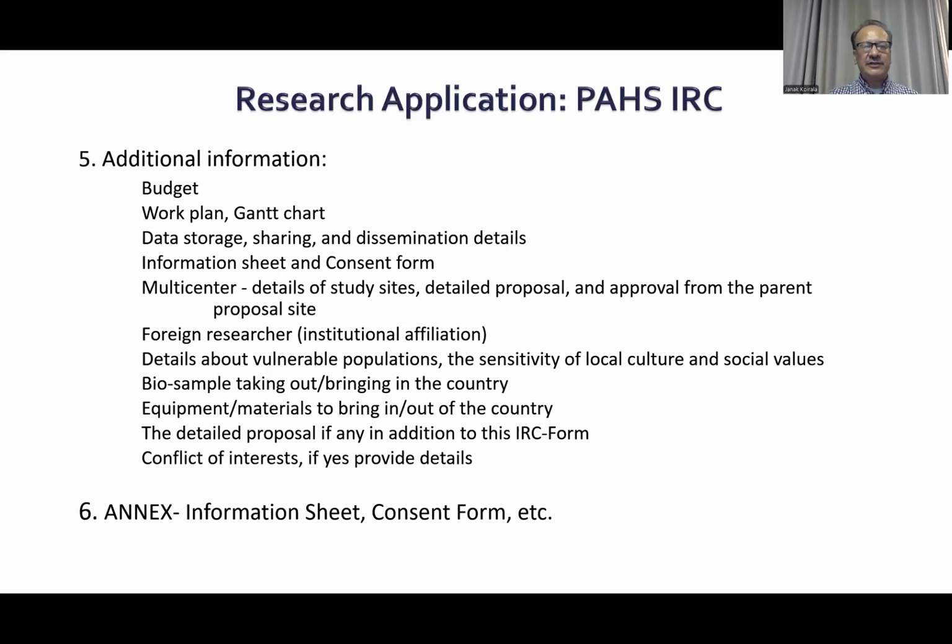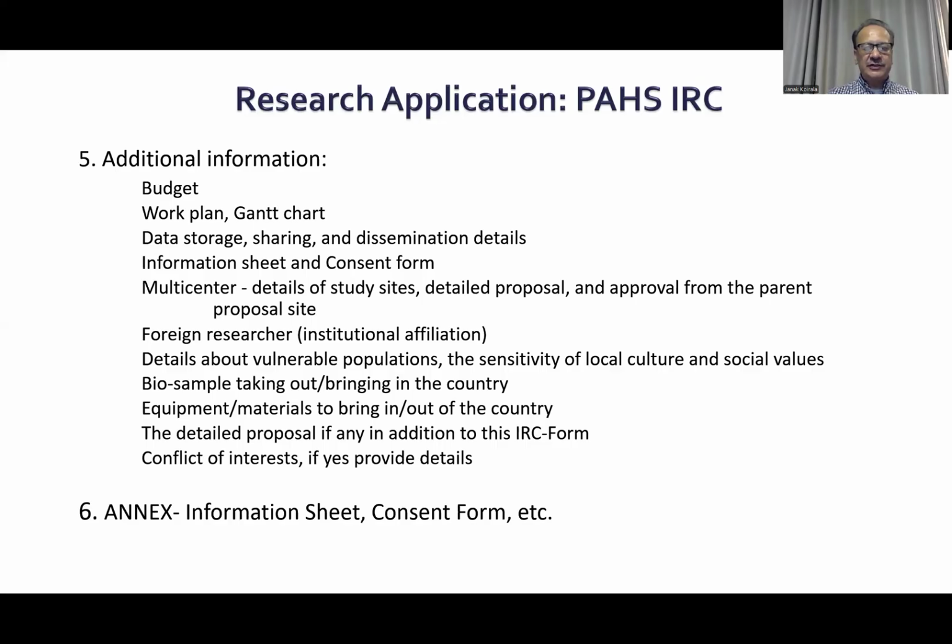Similarly, additional information may include budget, work plan, Gantt chart, data storage, sharing and dissemination plans, information sheet and consent form. If it's a multi-center trial, then details of the study sites, maybe collaborative agreements.